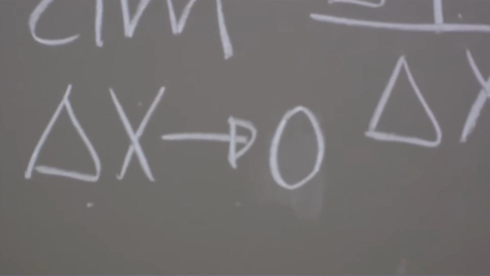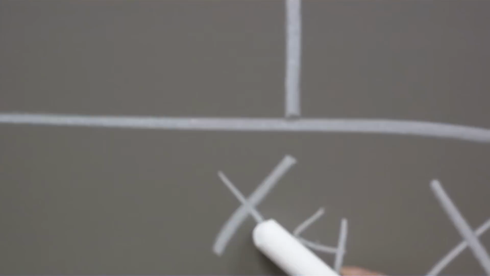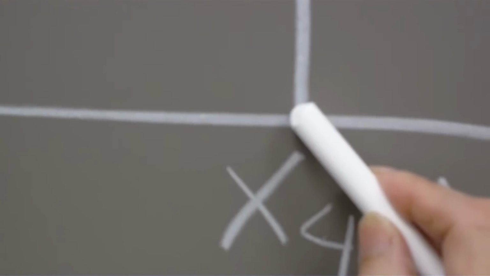That means the change of x is very small. In terms of the graph, at point D the change of x is very small. That's why we take the limit of the change of x equals 0. Then you will have this line, which is the slope at point D.